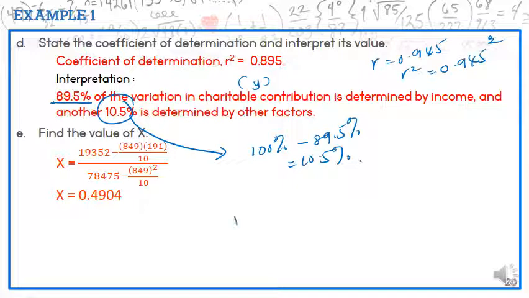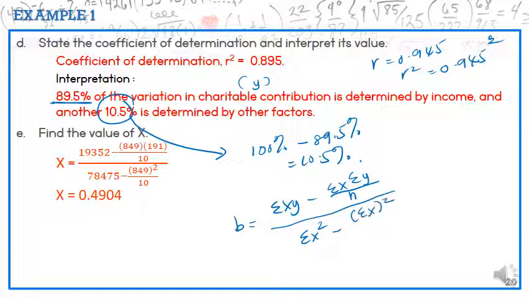So, B, your slope coefficient, adalah summation of XY minus summation of X multiply summation of Y bahagi dengan N, and then all bahagi dengan summation of X squared minus summation of X kuasa 2 bahagi dengan N. So, substitute masuk all the value and dapatkan nilai X.